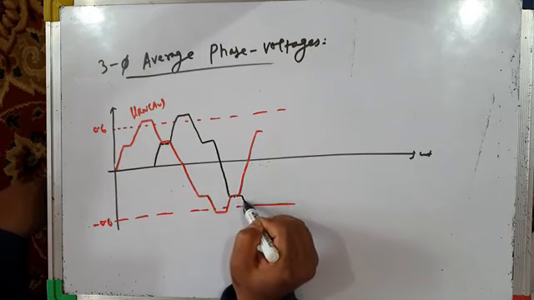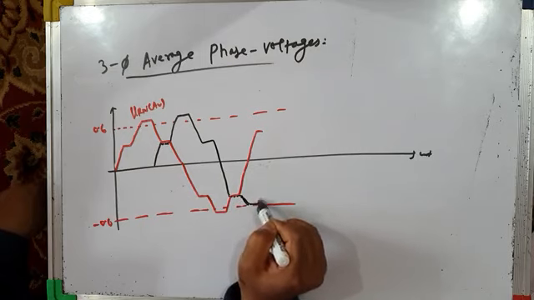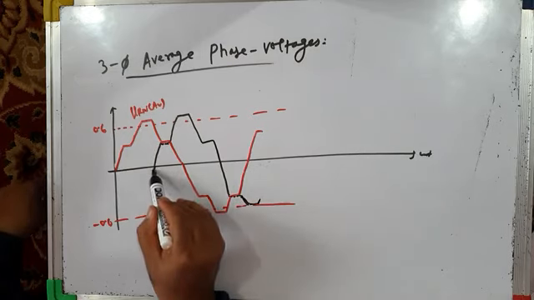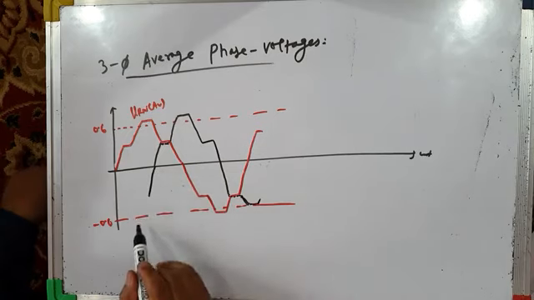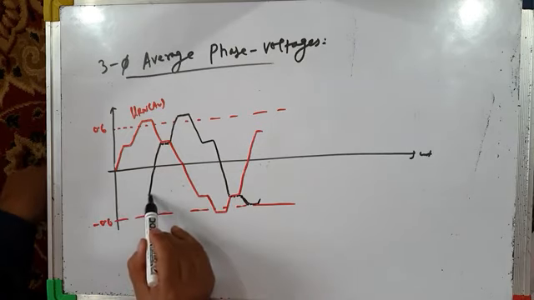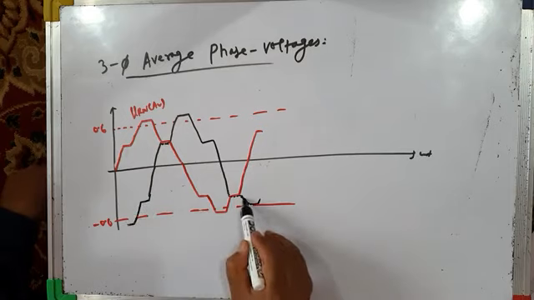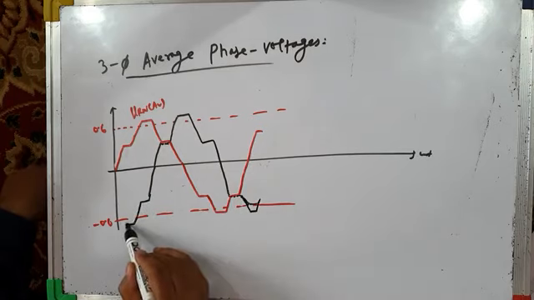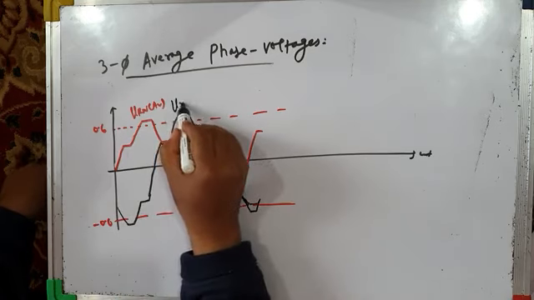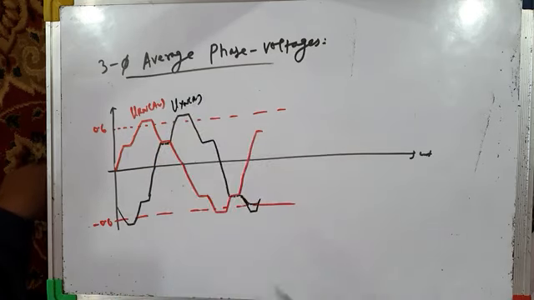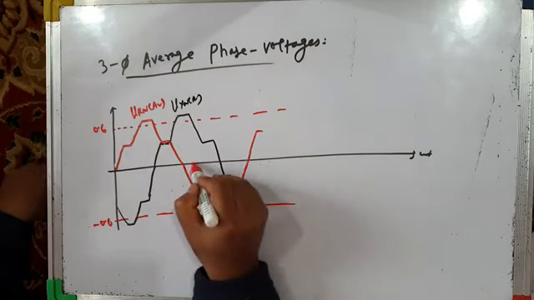Similarly here it will overlap. This is VYN average, and VBN average will be like this.